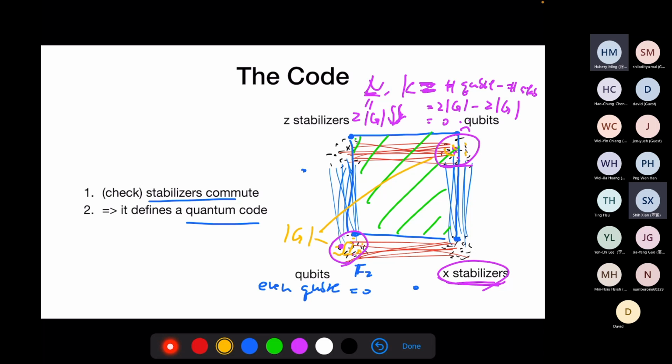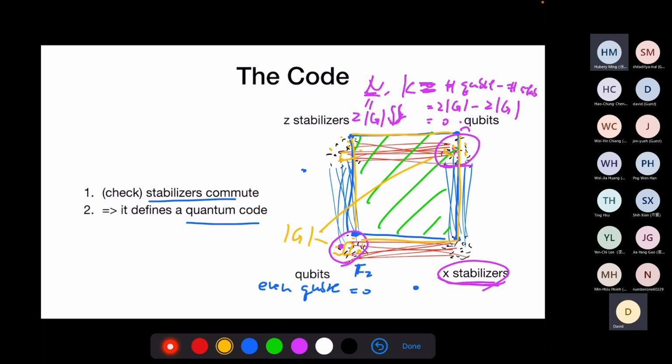Are they repeated or not? A square has 4 elements, and you only have the bottom left and top right corner as the qubits, so it's g over 2 elements.